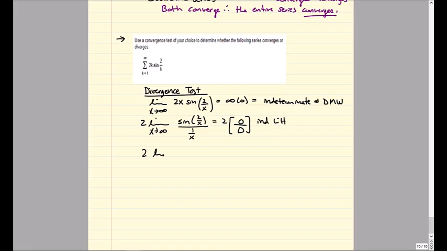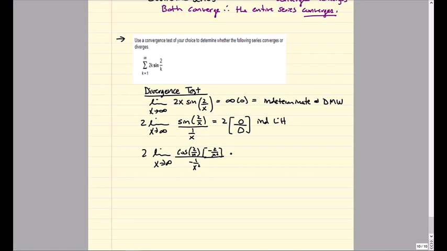So remember, I still have the 2 out front. The derivative of the sine of 2 over x is the cosine of 2 over x times negative 2 over x squared. That's the derivative of 2 over x. And the derivative of 1 over x is negative 1 over x squared.